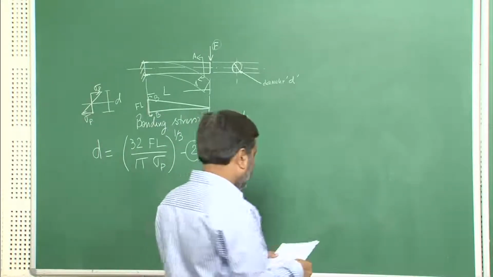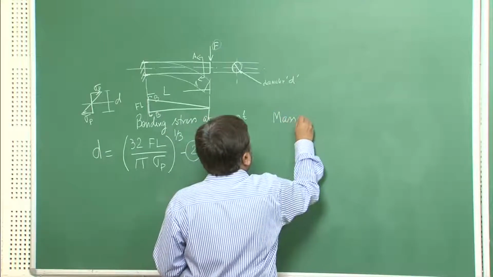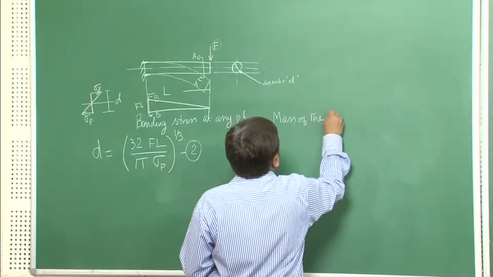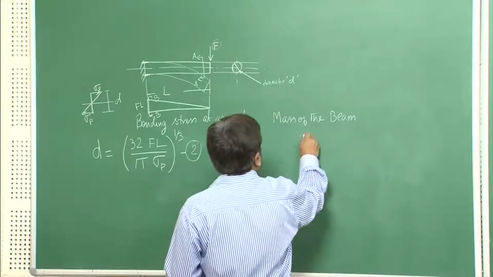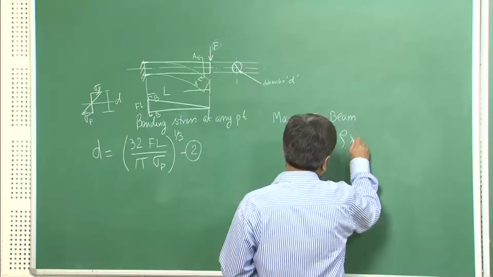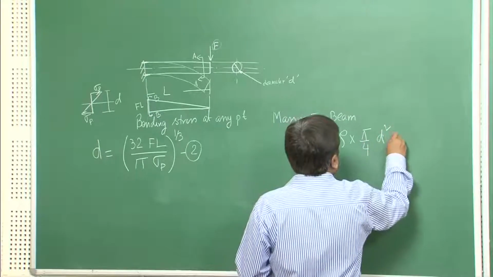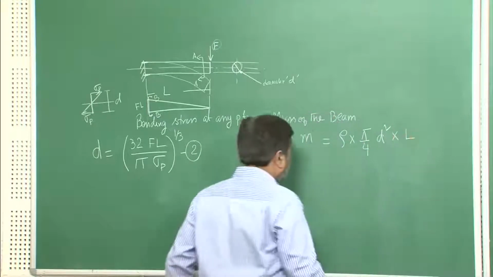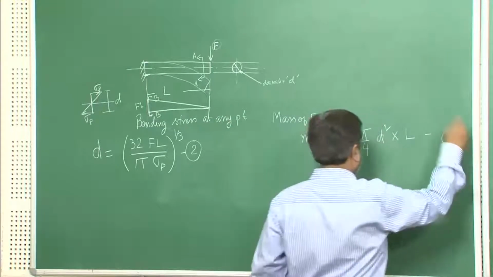Now, the mass of the beam: m equals rho into pi by 4 d square into L. That is the mass of the beam, and that is my third equation.